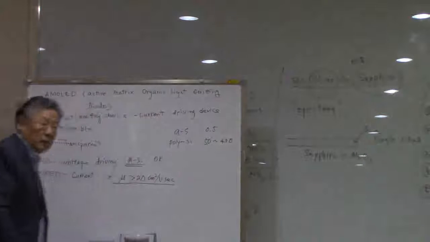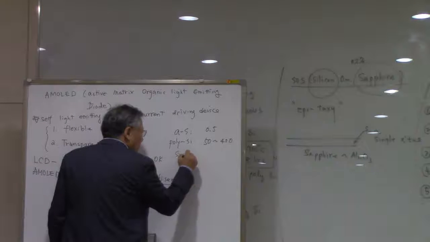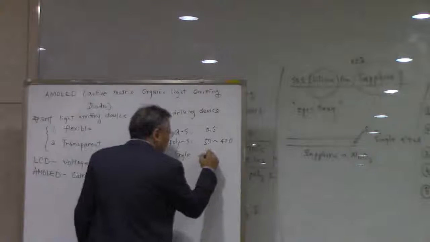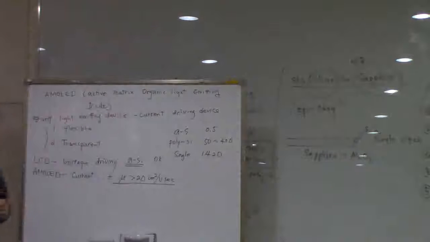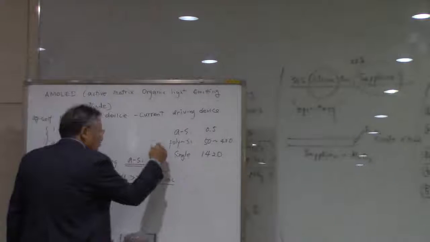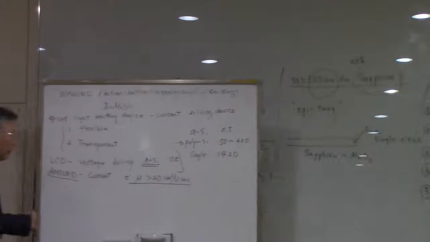And single crystal silicon, a material property, is 1 to 1420 centimeter square per volt-sec. Okay? So for AMOLED, it does have to be a polysilicon TFT, and then we have a problem here.